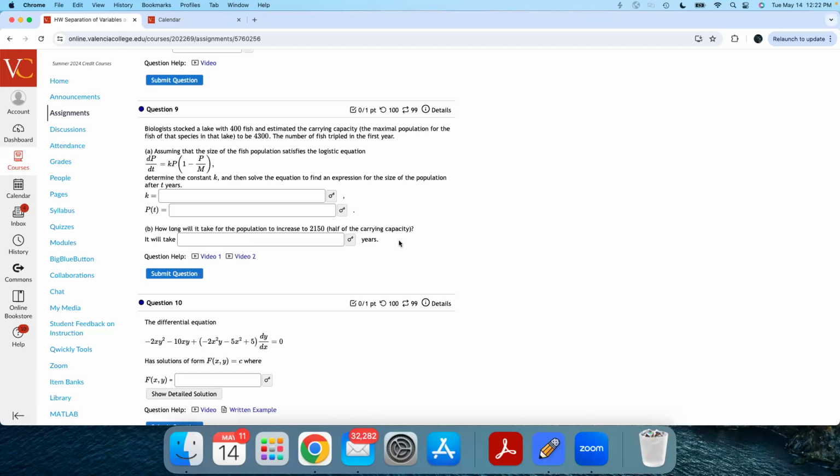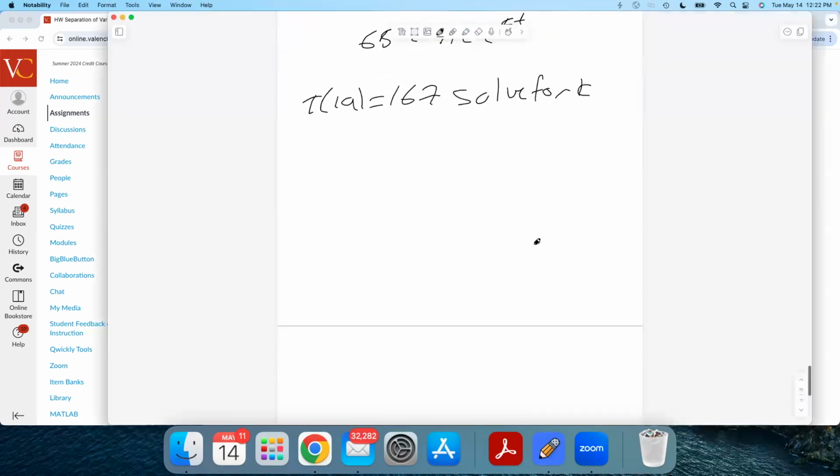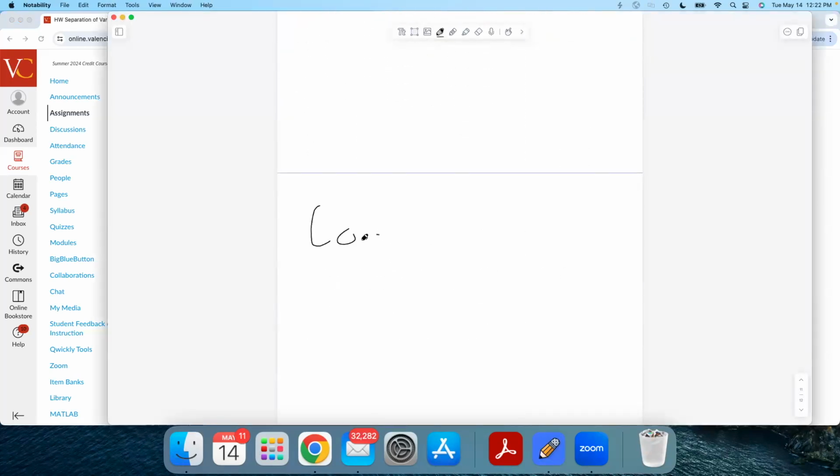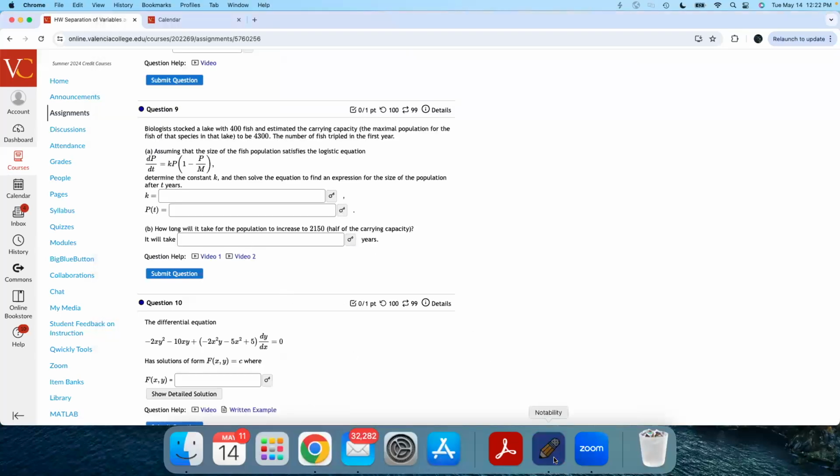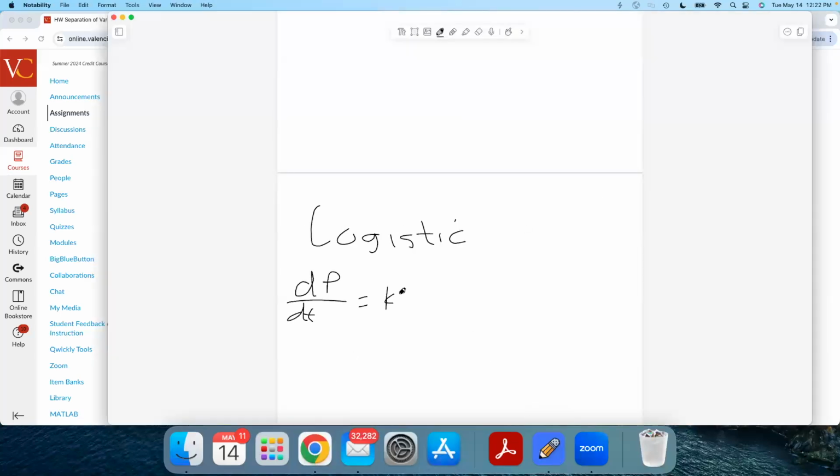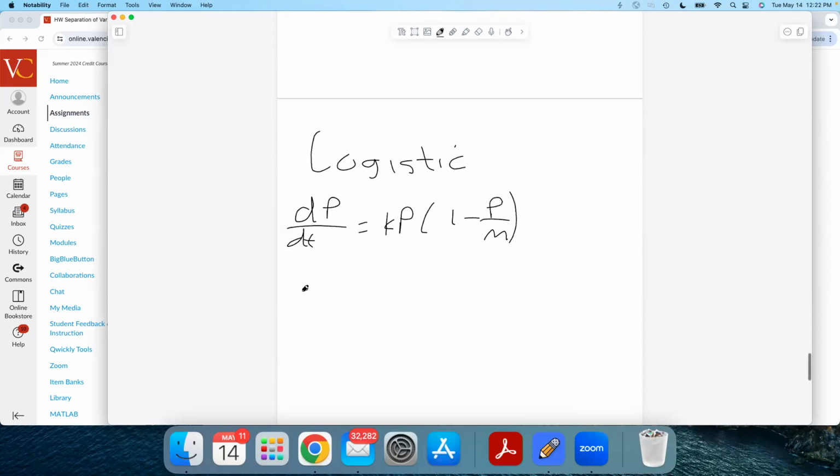All right, so let's take a look at the logistic model. This is dp dt equals, and I'll make sure it uses the same notation we have here, kp times 1 minus p over m. K here is related to my growth rate. I think we would actually call this the growth factor.